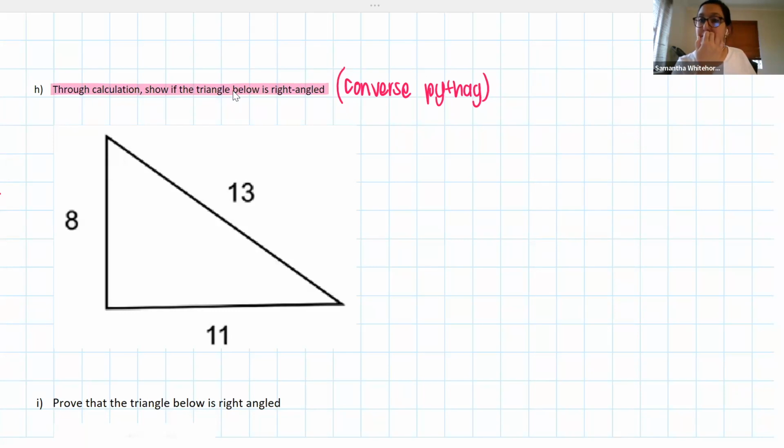So like I say, we did this on Monday. So if you have your Monday notes with you, you can go back and have a look and see. What we're trying to prove, the triangle is right angled.